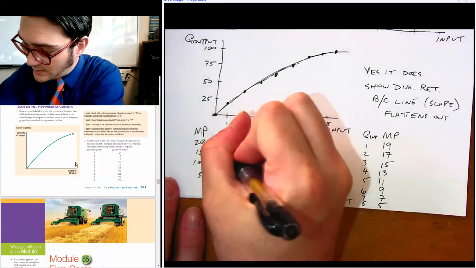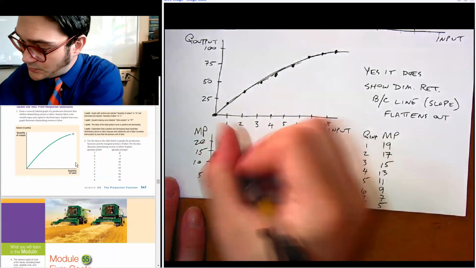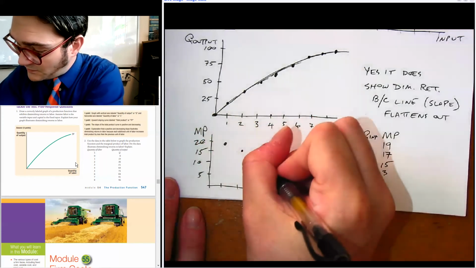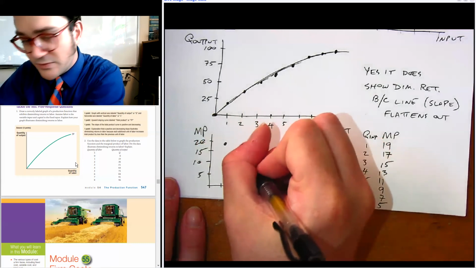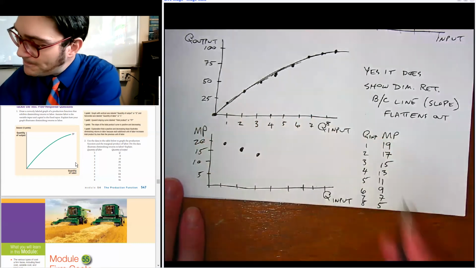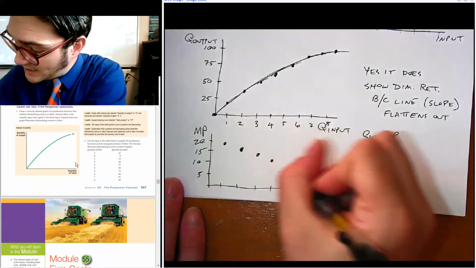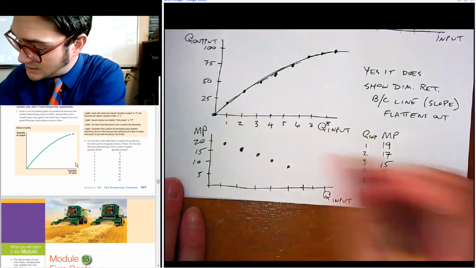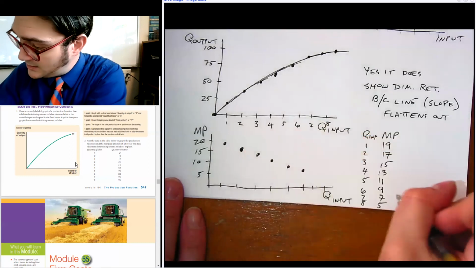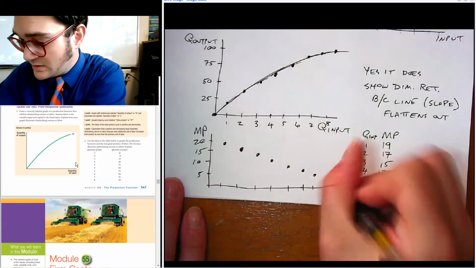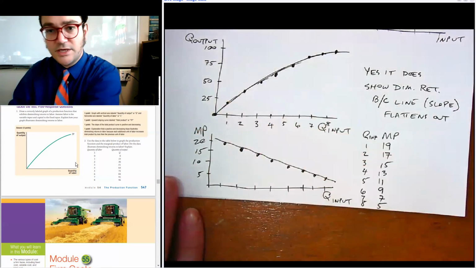So 1 and 19, 2 and 17, 3 and 15. Whenever the slope doesn't look quite right, just make your dots bigger. 4 and 13, 5 and 11, 6 and 9, 7 and 5.